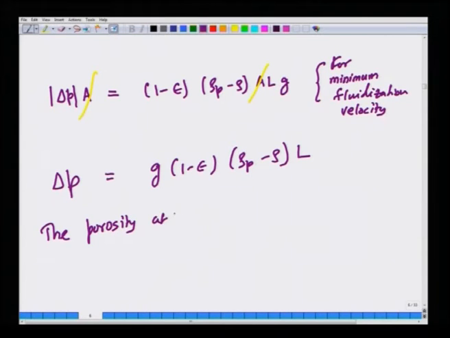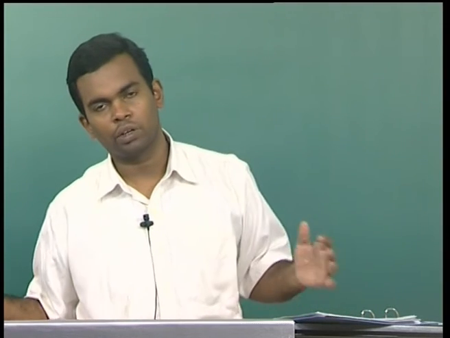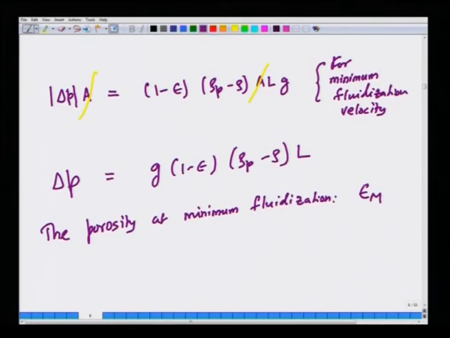The porosity at minimum fluidization velocity is denoted as, because when the length of the bed increases, the porosity will also increase, because the solids content is the same, we are not putting any solids into the system, therefore the porosity has to increase. So, let us call that epsilon m, the minimum porosity at the onset of fluidization.